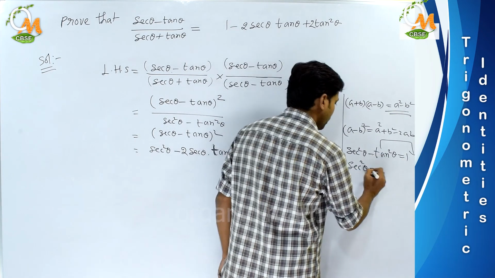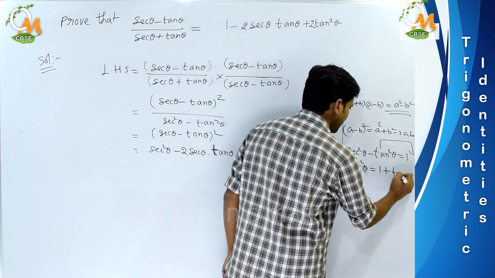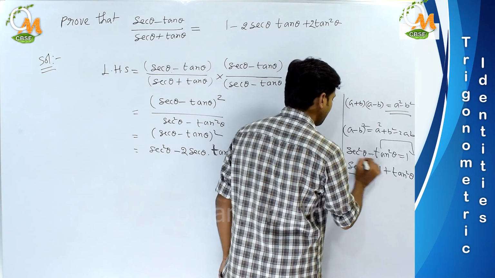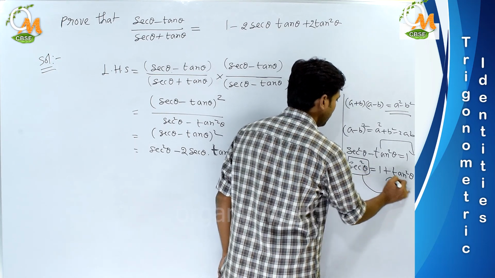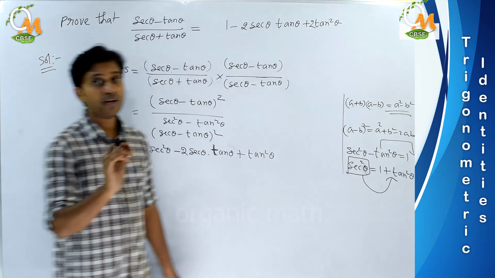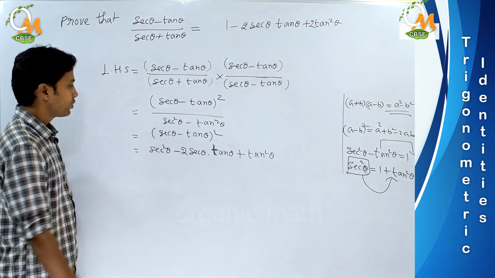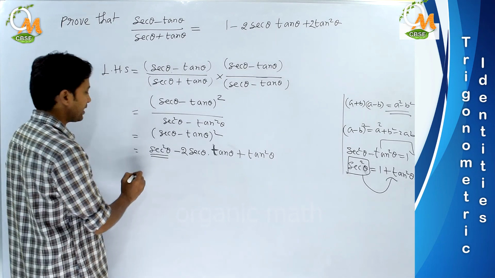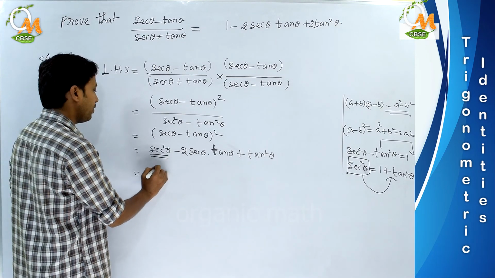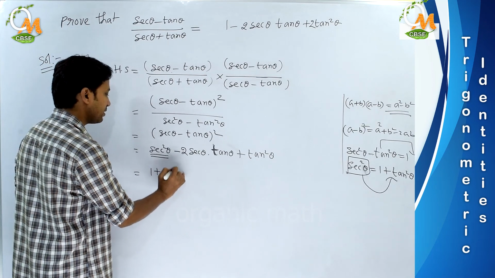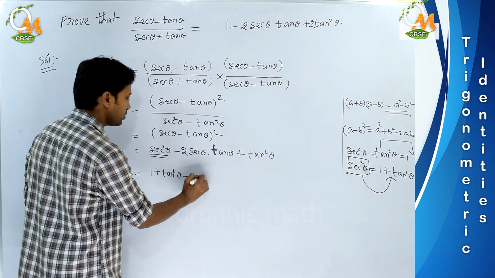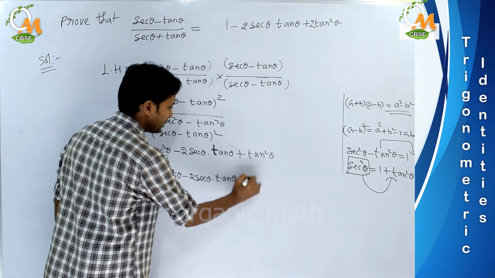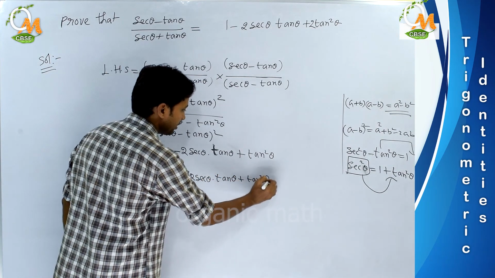So secant square theta equals 1 plus tan square theta, for all values of theta. So here we can write secant square theta as 1 plus tan square theta. Then we get 1 plus tan square theta minus 2 secant theta into tan theta plus tan square theta.